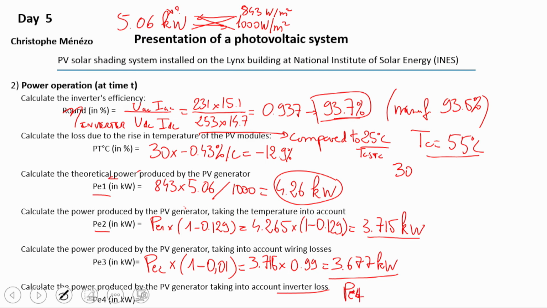P4 is equal to P3. So we find 3.445 kilowatt.